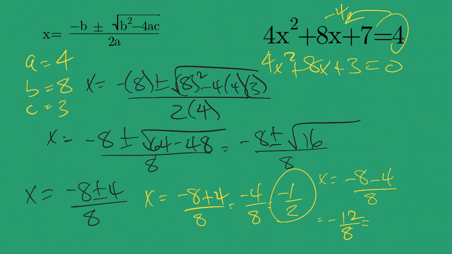Which would be negative 3 over 2. There's your two answers. Negative 1/2 and negative 3 over 2.